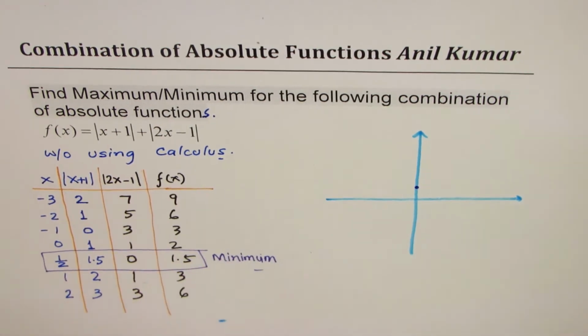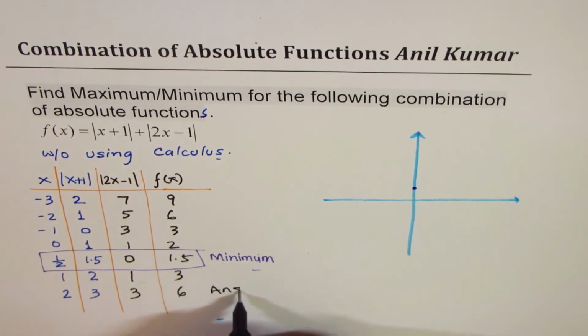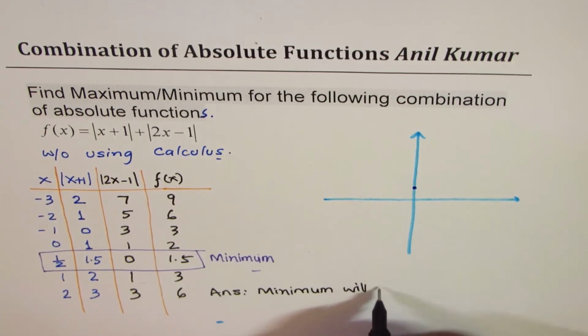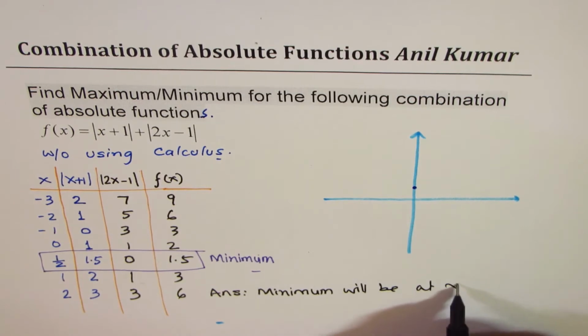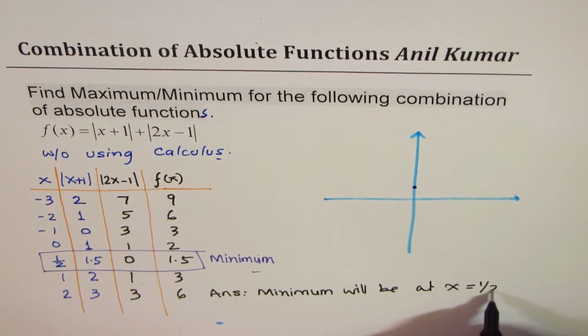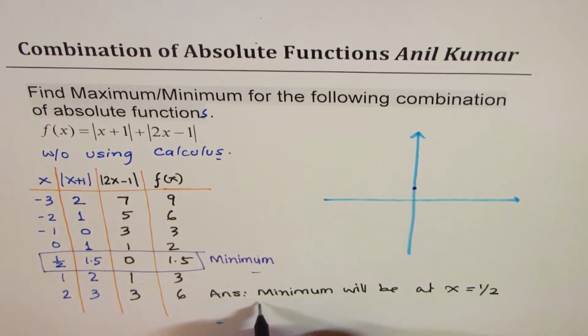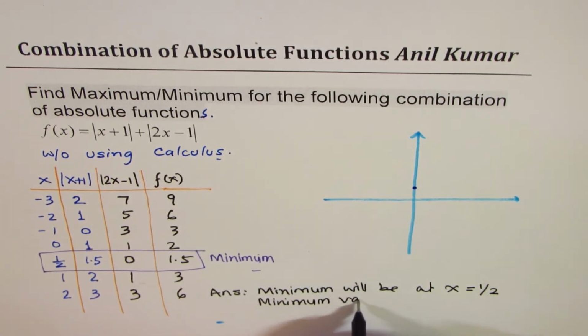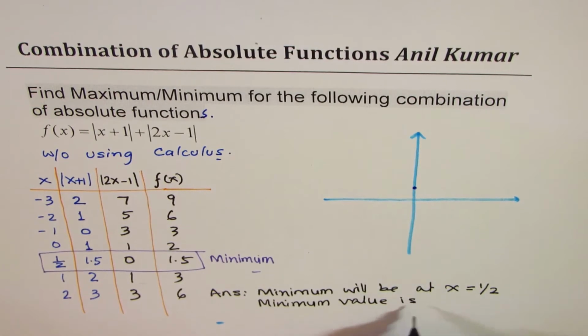Do you see that? So we could write our answer as: the minimum will be at x equals half, and the minimum value is 1.5. Is it okay?